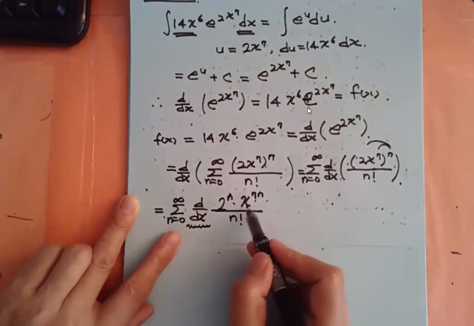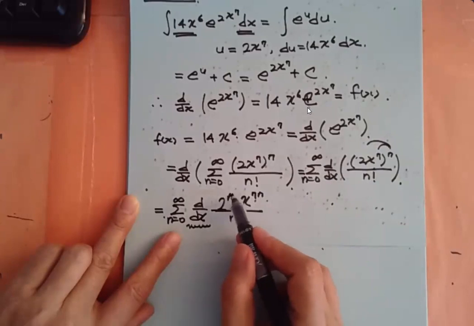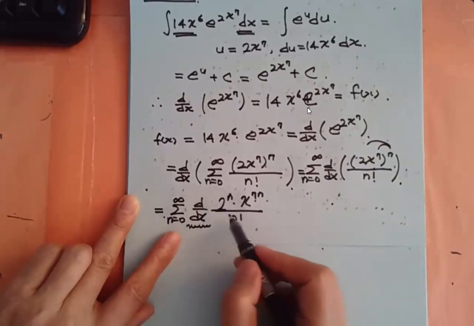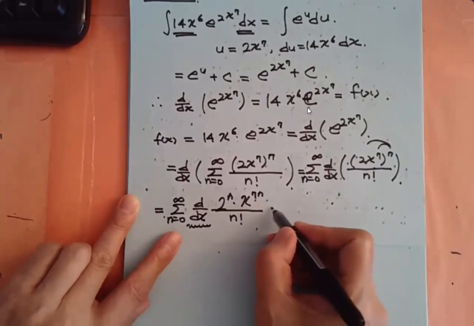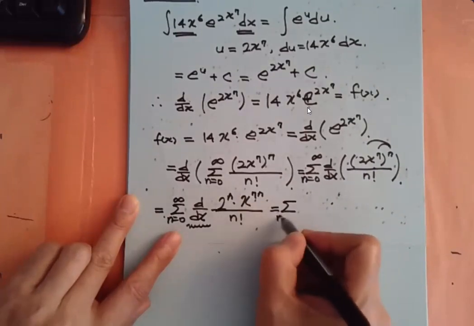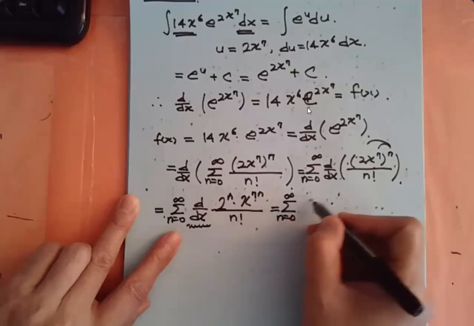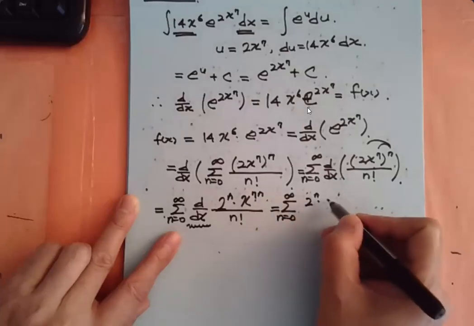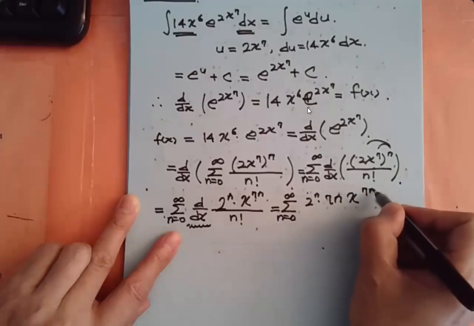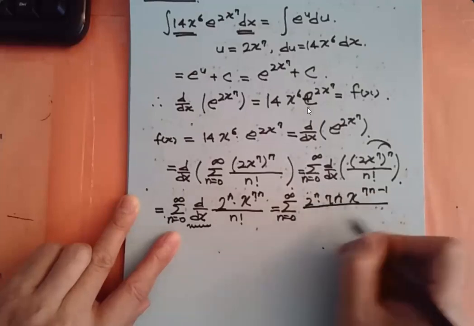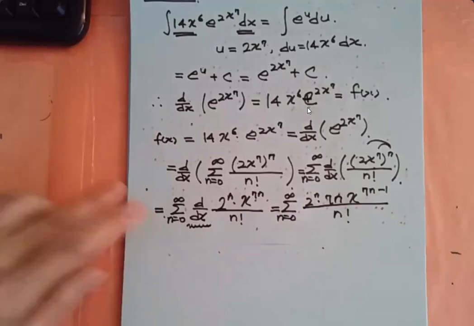So all those other numbers are just constants, and it becomes the summation n equals 0 to infinity of 2^n times 7n times x^(7n-1) over n factorial, right?